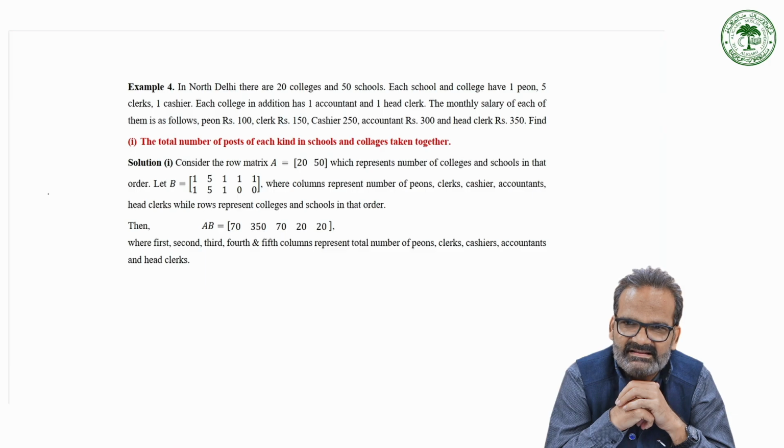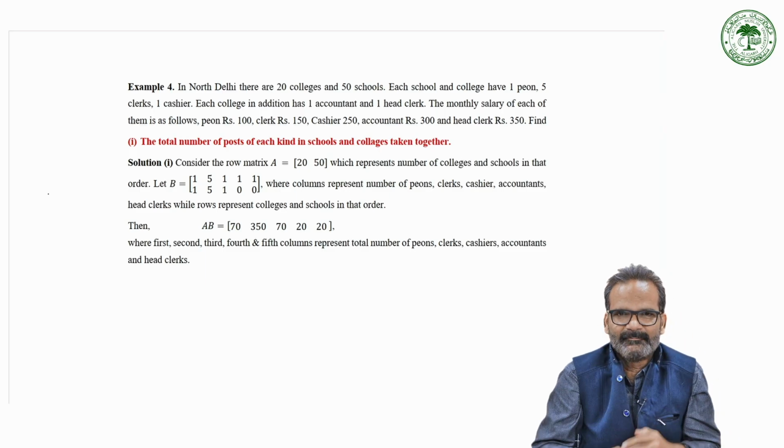The monthly salary of each of them is as follows: peon rupees 100, clerk rupees 150, cashier rupees 250, accountant rupees 300 and head clerk rupees 350. Find, number 1, the total number of posts of each kind in schools and colleges taken together.